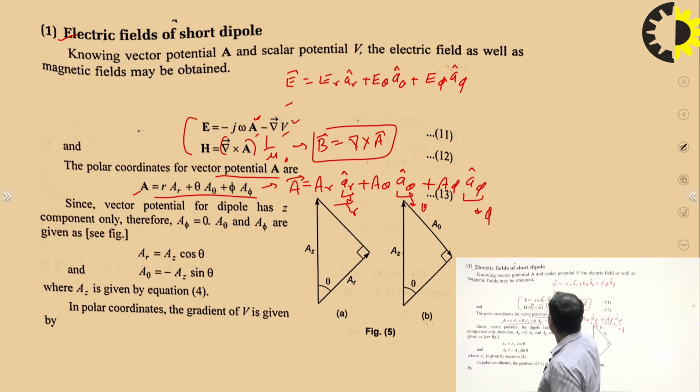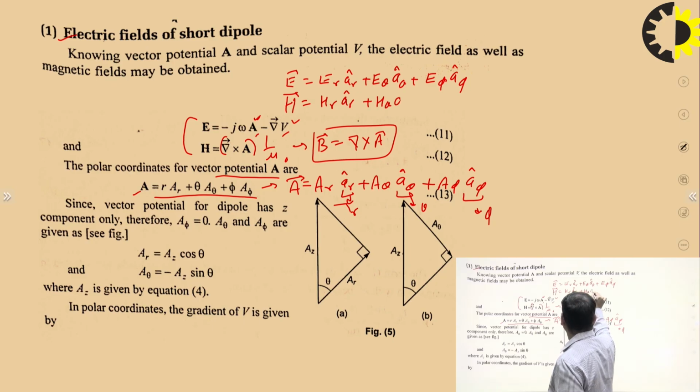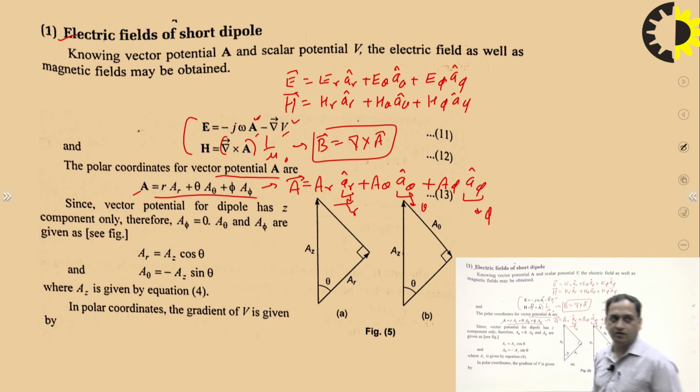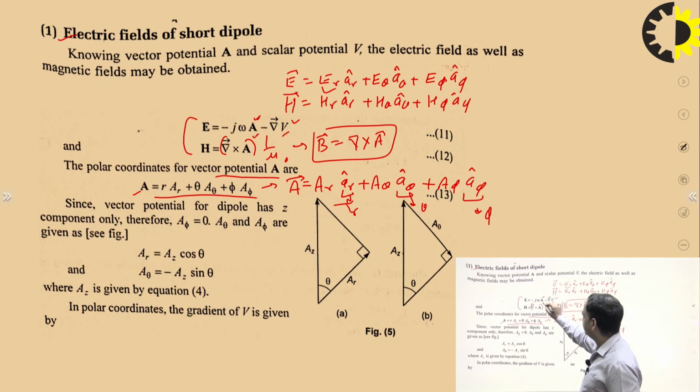And H can be written as H r a_r, H theta a_theta, H phi a_phi. If we want to find the value of E and H, we have to find each component in the direction of r, theta, phi. If we take the E r component, we take a_r as well. If we take E theta, we take a_theta. If we take E phi, we take a_phi here.